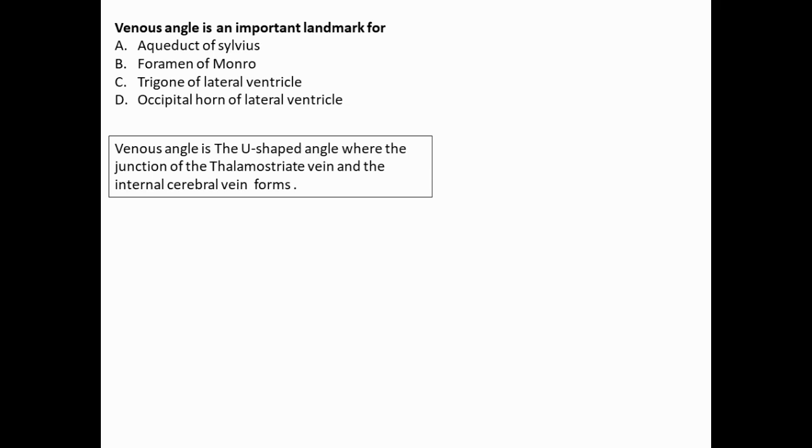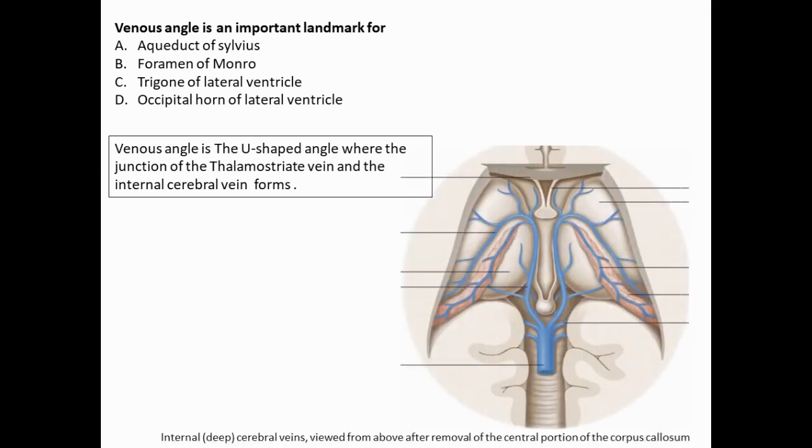When you look at this diagram, you see the internal cerebral veins viewed from above after removal of the central portion of the corpus callosum. This red dotted circle represents the junction between thalamostriate vein and internal cerebral vein, and this is called the venous angle. The part close to it is the foramen of Monro. So the answer is B.